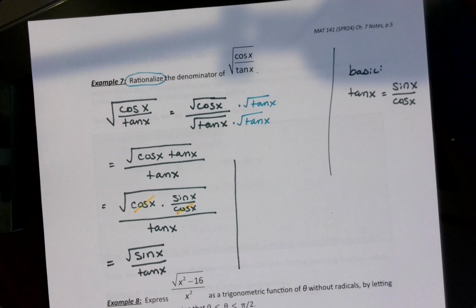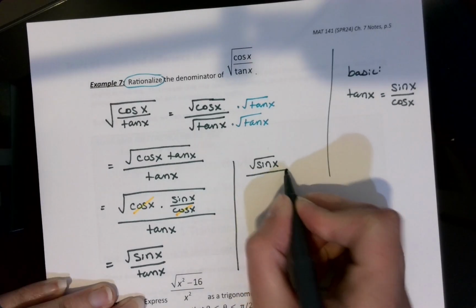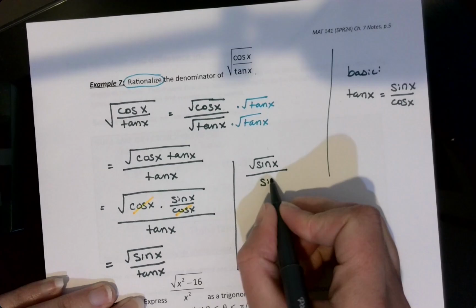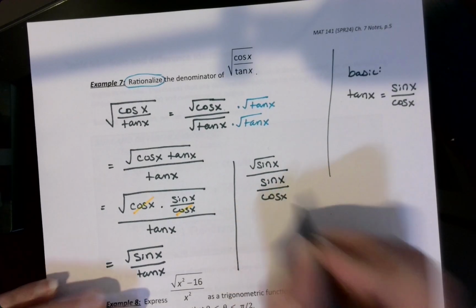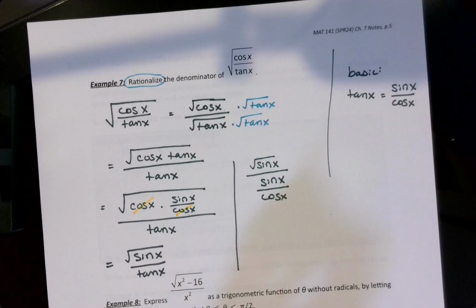If I divide by a fraction, I can multiply by its reciprocal. So this would be sine of x times cosine of x over sine of x, or square root of sine of x cosine of x over sine of x.